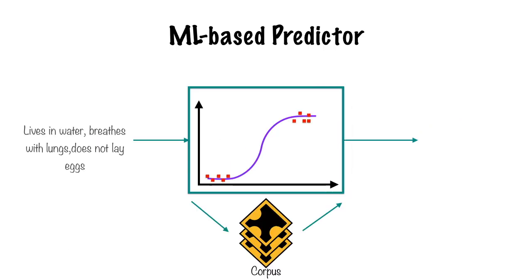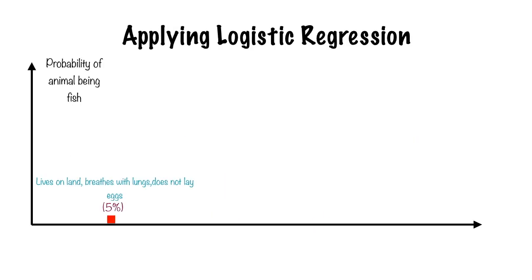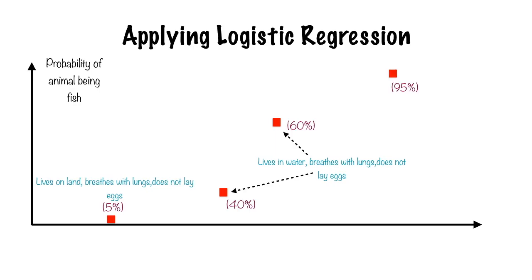Once we do have a curve like this, it's a relatively simple matter to give it feature vectors. For instance, maybe an animal lives in water, breathes with lungs, and does not lay eggs. Then our curve, which has already been fitted to predict probabilities, spits out a probability of 55%. That probability has been calculated by our classifier on the basis of that S curve because during the training process it was exposed to a wide range of animals.